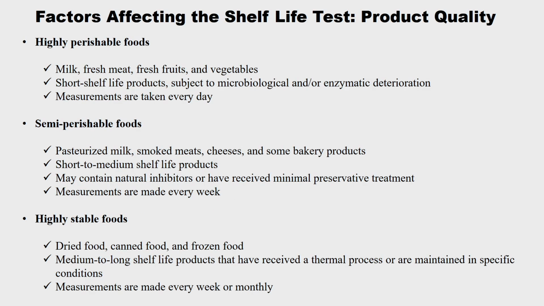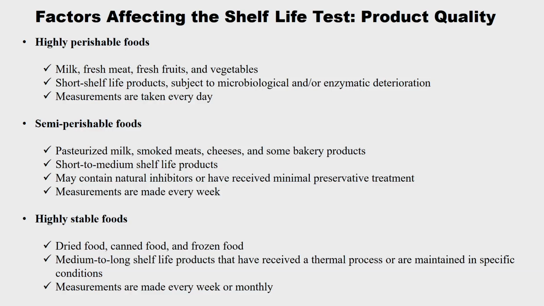And what are all the factors affecting the shelf life? The first one is the product quality. So, based on the product quality, there are three varieties of food. One is highly perishable, the second one is semi perishable, and the third one is highly stable food. In perishable food come milk, fresh meat, fresh fruits and vegetables, all under the category of highly perishable food.